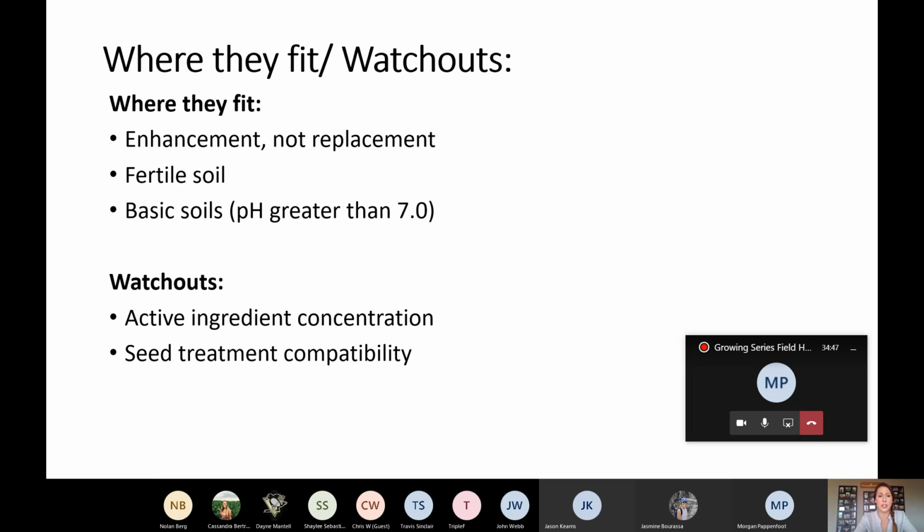So make sure you're looking into that. And make sure you watch out for seed treatment compatibility because we treat our seed with fungicides and we're trying to inoculate with fungus, so it can be toxic. You want to make sure that they're compatible so that you're not wasting your money.